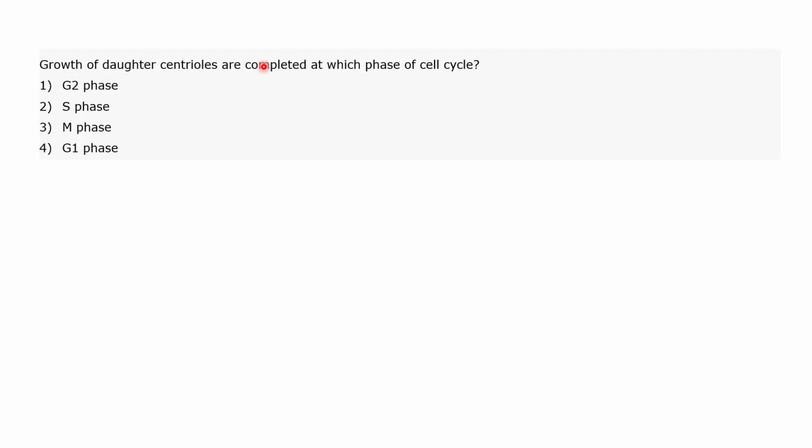Growth of daughter centrioles are completed at which phase of the cell cycle? G2 phase, S phase, M phase, or G1 phase? Which might be the answer?